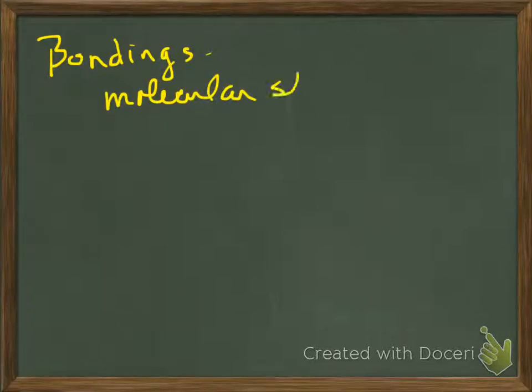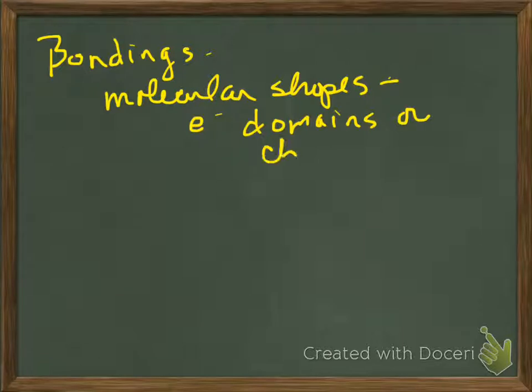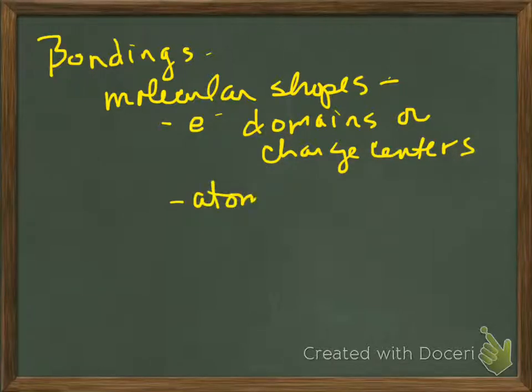Okay, we're continuing on bonding, and we're going to be talking about molecular shapes. Two things really go into determining what shape a molecule has: electron domains, sometimes called charge centers, and the atoms bonded to the central atom.